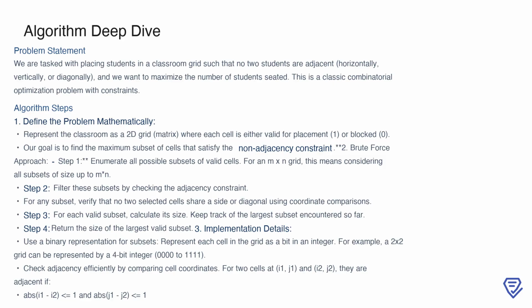To implement this, we can use binary representation for subsets, where each bit corresponds to a cell in the grid. Adjacency checks are performed by comparing the coordinates of the selected cells. For two cells, say (i1, j1) and (i2, j2), they are adjacent if the absolute difference in their row indices is at most 1, and the same applies to their column indices. This brute force method guarantees correctness but is computationally expensive, which we'll explore further.